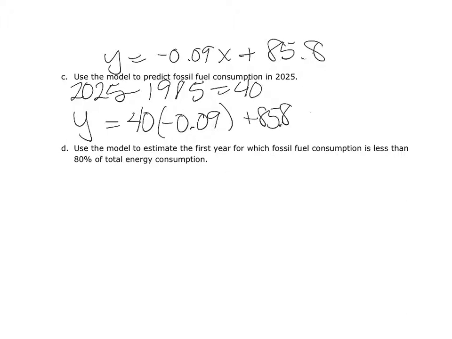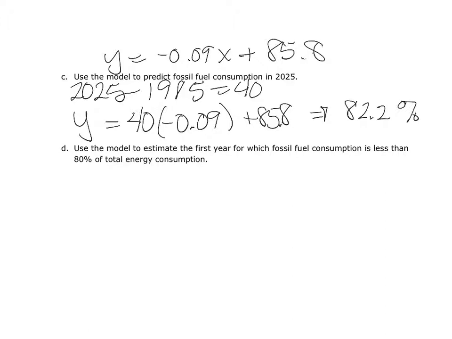I'm going to put that in my calculator, and I got 82.2. So 82.2, and that is a percent, 82.2%. So 40 years after they started collecting data, I have an 82.2% consumption. So in 2025, we should be consuming less based on this model.